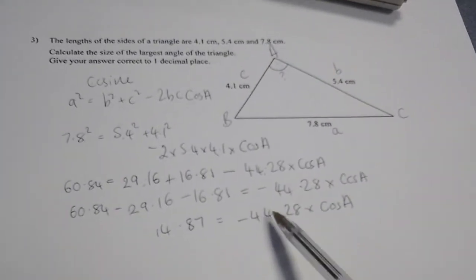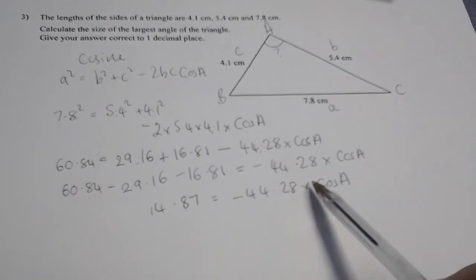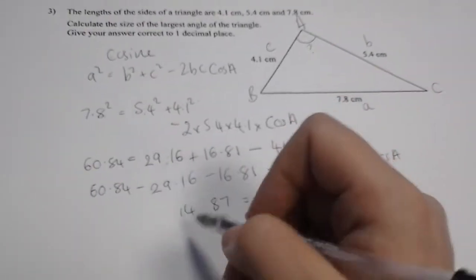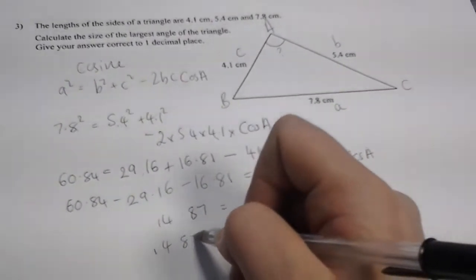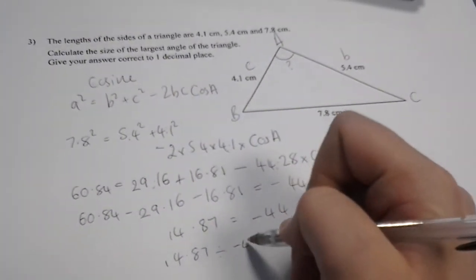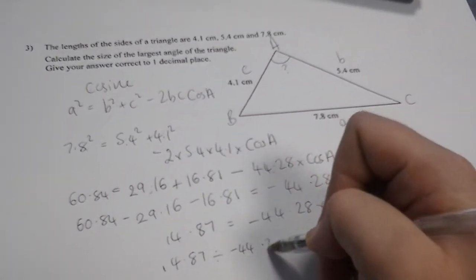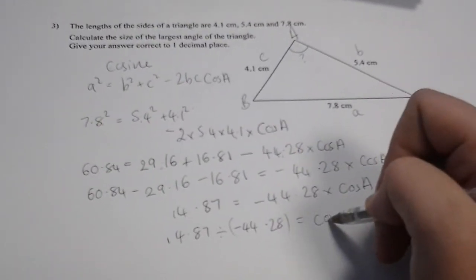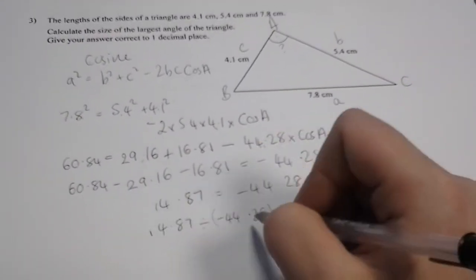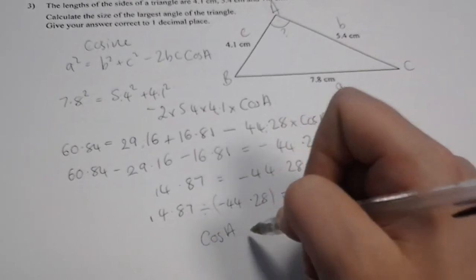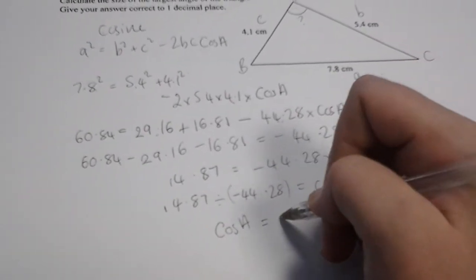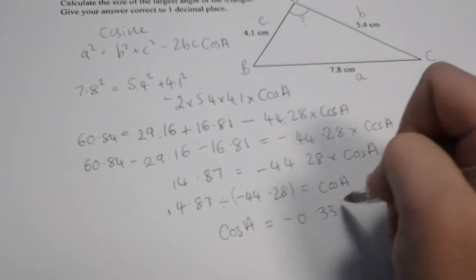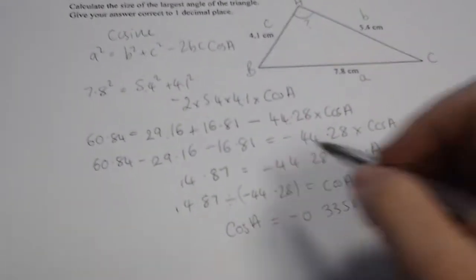To get cos A on its own, I'm going to have to move this minus 44.28 times. It's a multiply here, so I'm going to divide both sides by minus 44.28. And that will get me cos A. So if I do this sum on my calculator, cos A is equal to minus 0.3358, some more decimals.